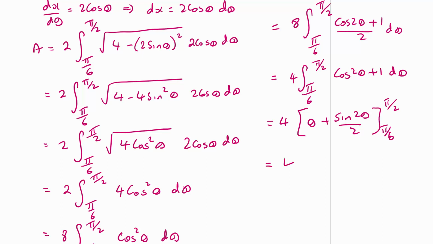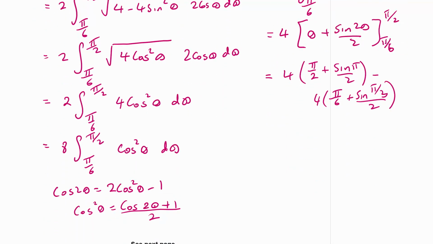Okay, so that's 4 times. Using the top limit, we get π/2 plus sin π divided by 2. And then using the bottom limit, we get π/6 plus sin(π/3) divided by 2. So that is 2π. Sin of π is 0, so that's going to go.